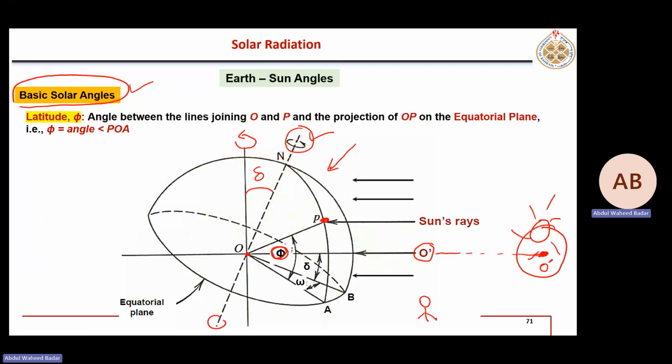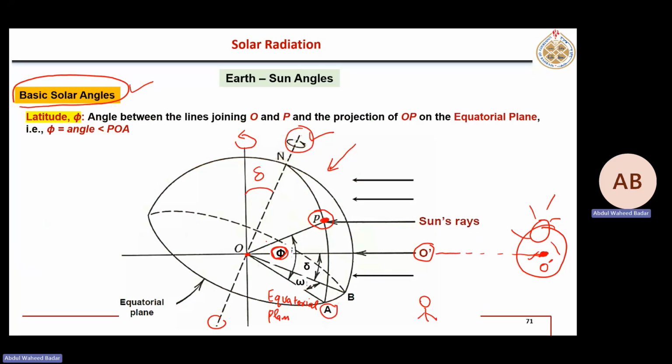For example, here is the location P. There is the line OP joining the center of the Earth with that location, and if you draw its projection on the equatorial plane, that will be OA, right?